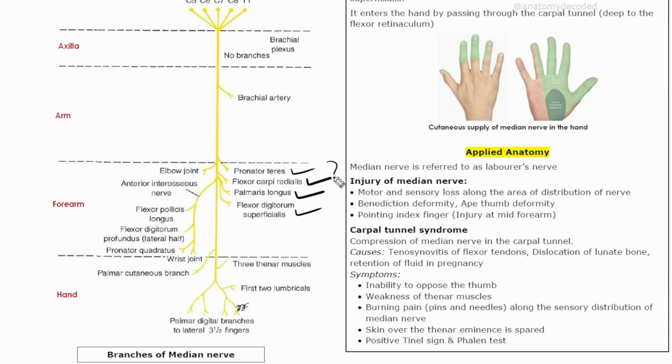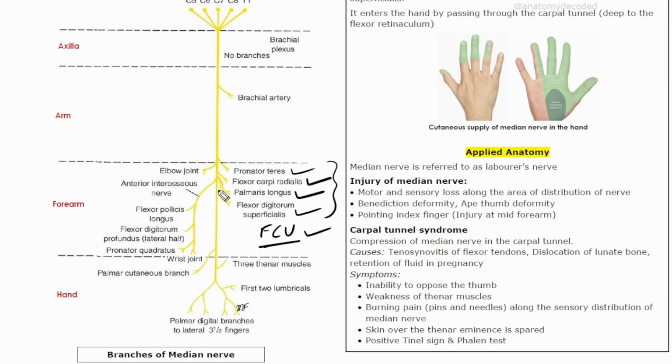All these 4 muscles are supplied by the median nerve, except flexor carpi ulnaris, which is supplied by the ulnar nerve. When we learned about the ulnar nerve, we learned that this muscle is supplied by the ulnar nerve. The remaining 4 superficial muscles are supplied by the median nerve.